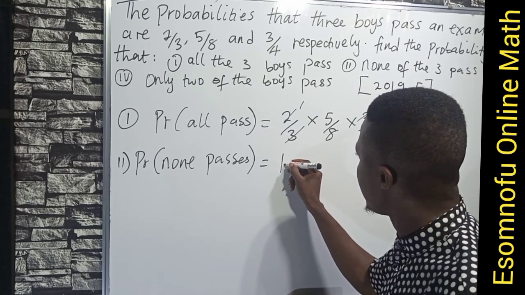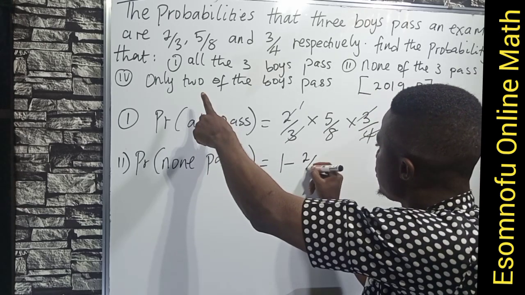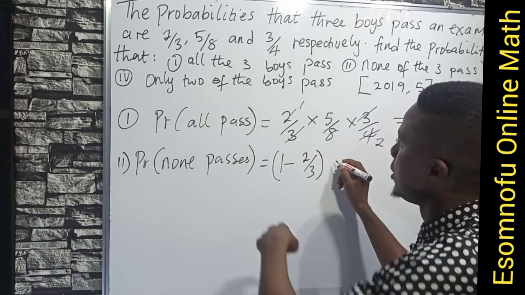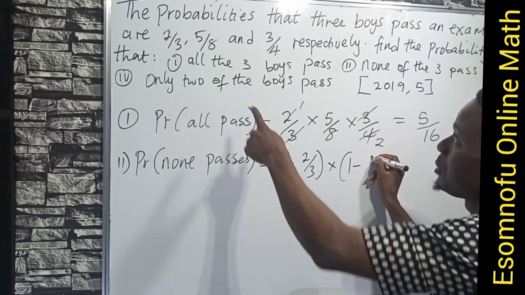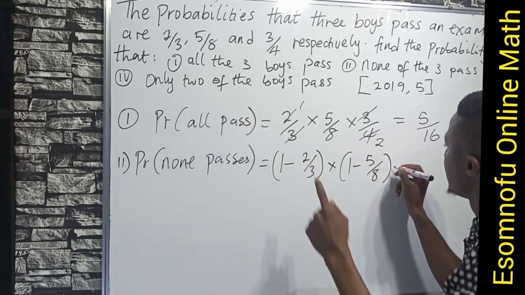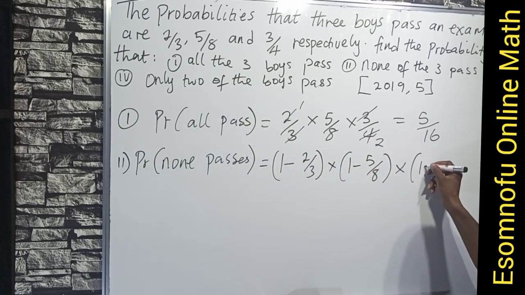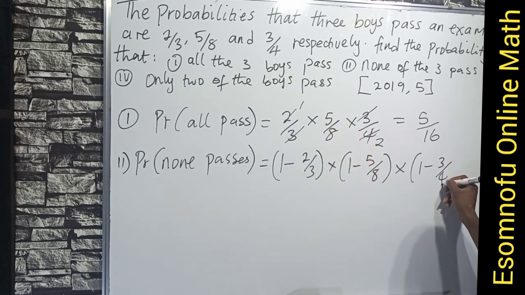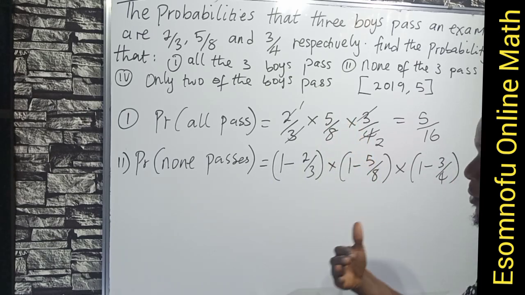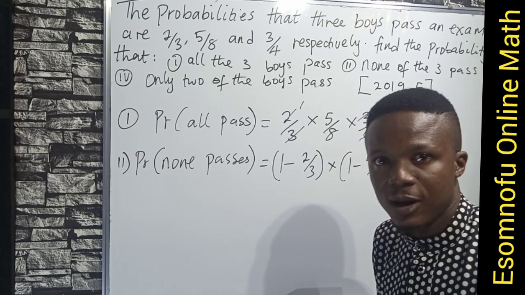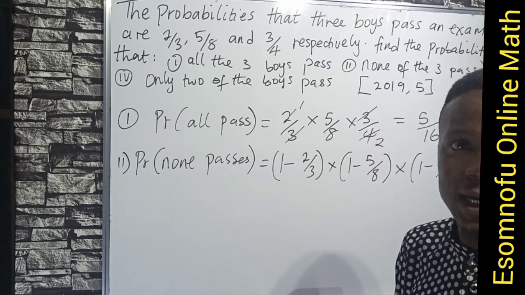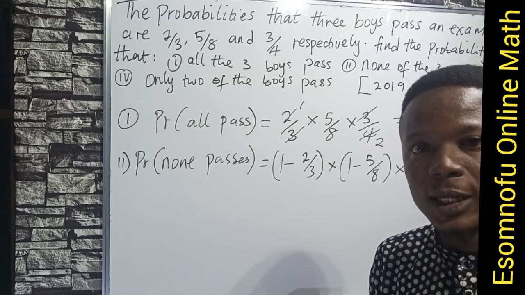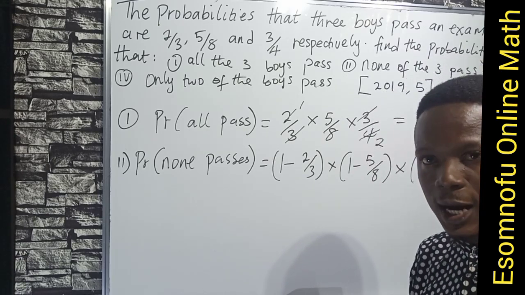That will give us 1 minus probability of 2/3 times 1 minus probability of 5/8 times 1 minus probability of 3/4. The reason we are multiplying is that none is passing. The first will fail, and the second will fail, and the third will fail, and "and" means multiplication, while "or" is addition. So it's only when you have "or" case that is when you add.